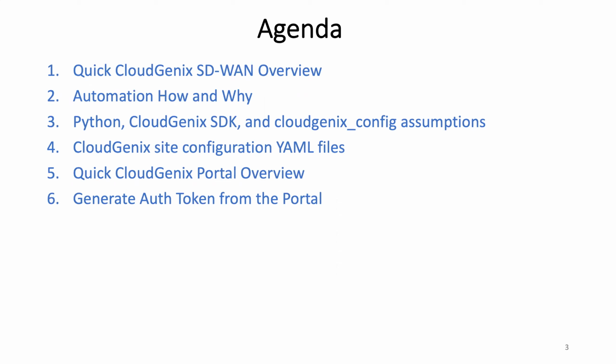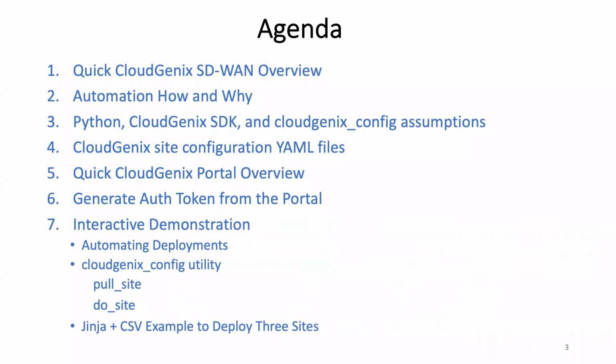We'll do a quick portal overview or a controller overview. We will generate an authentication token from the portal so that you can authenticate when running this automation. And then the last piece, which I think is the most interesting is the interactive demo, which will show how we actually automate deployments.